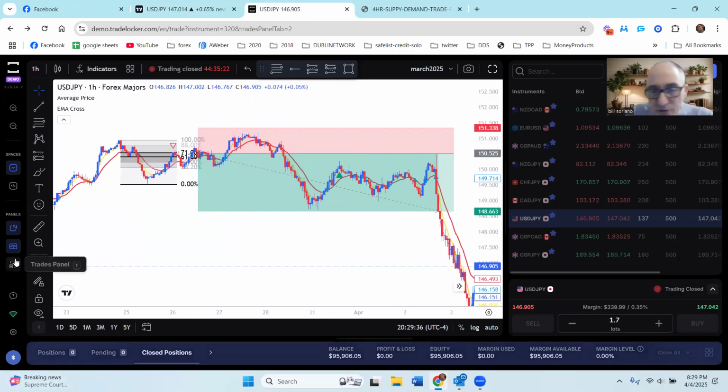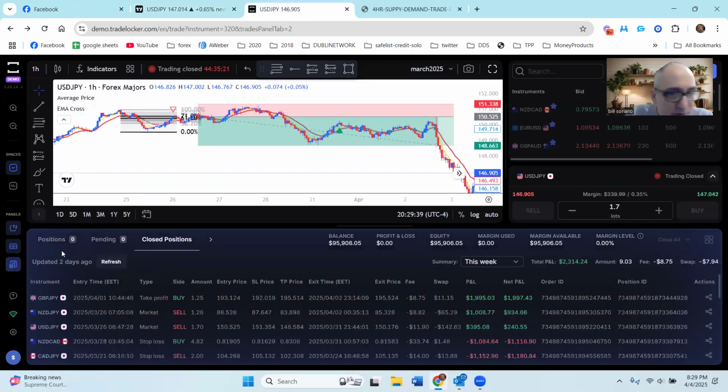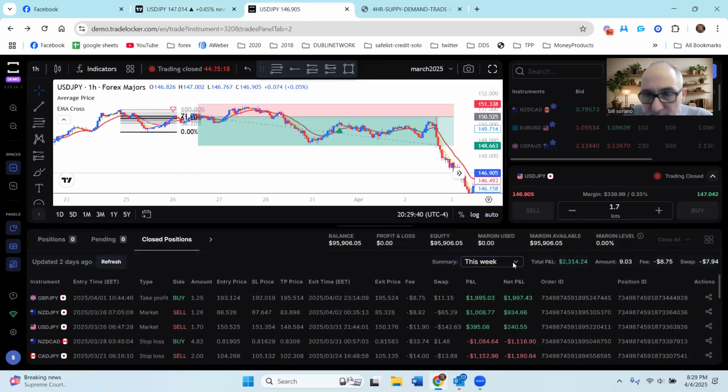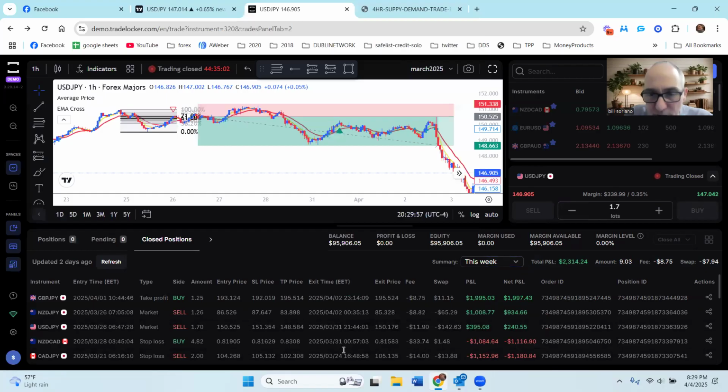Now, let me just show you from last week, guys, just so you know that I'm not full of it here. This is the trades from this week. Okay. And this week we had 4 trades, right? I didn't get a chance to show you this one loss here. This was in NZD CAD. And then we were able to get a small profit in USDJPY.